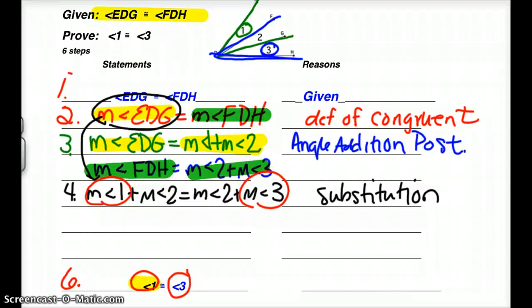I'm going to subtract them. So in my 5th step, I have the measure of angle 1. These are going to be subtracted off, so I'm not really going to write it down. I'm thinking that. Same thing here, this one's going to be subtracted off. So I'm left with 1 and 3 there. Measure of 1 equals measure of 3. What I've done is the subtraction property.